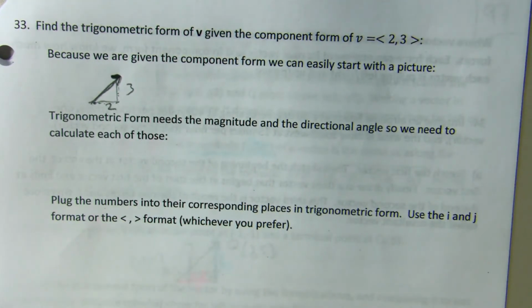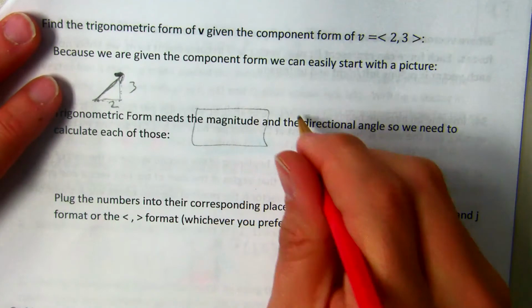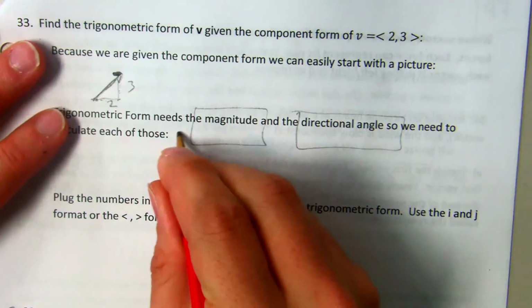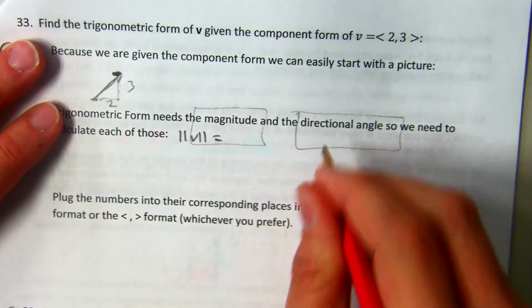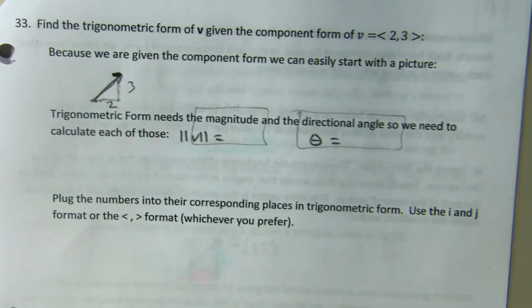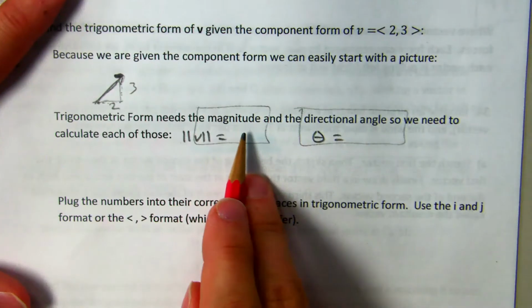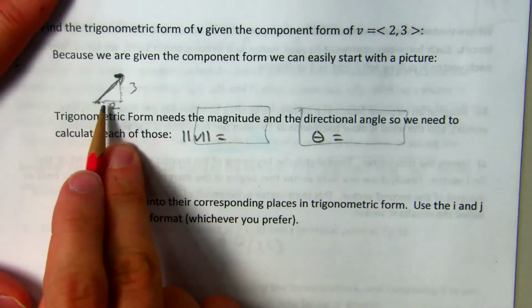Just like how we started the trigonometric form on the other page, we needed two things. We needed to know the magnitude, and we needed to know the directional angle. If those are the two things you need to plug in, those are the two things you have to seek out. Finding the magnitude is like what we did on the first page.